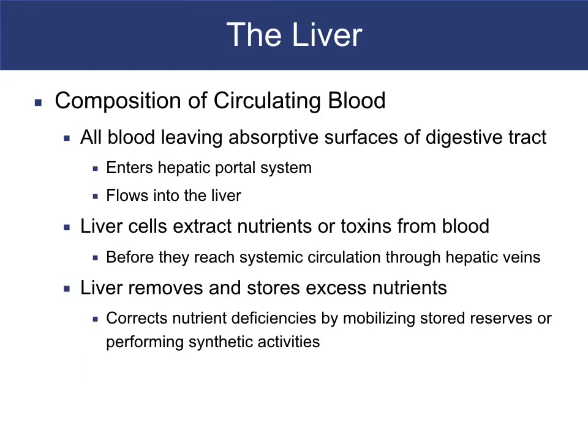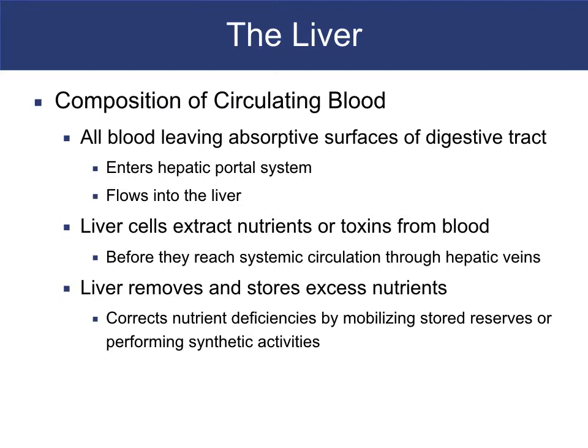Let's talk about circulating blood here a minute. The blood that's coming into the liver from the hepatic portal system, let's talk about it for a minute and give you pictures of it. I really didn't show you these before. But this is high nutrient containing blood that just came from the bowel. It came from the colon, it came from the small intestine, it came from the duodenum, it comes from the stomach wall as well.